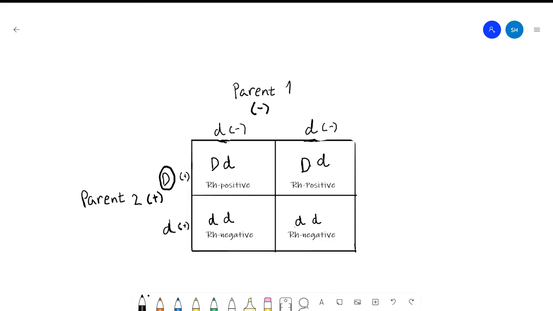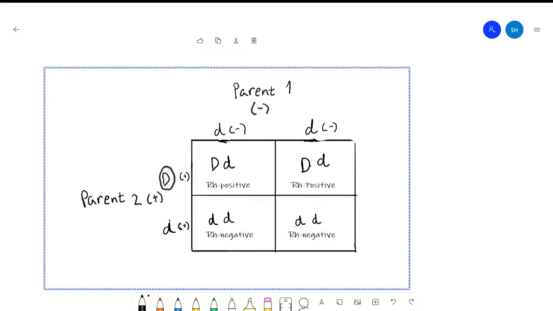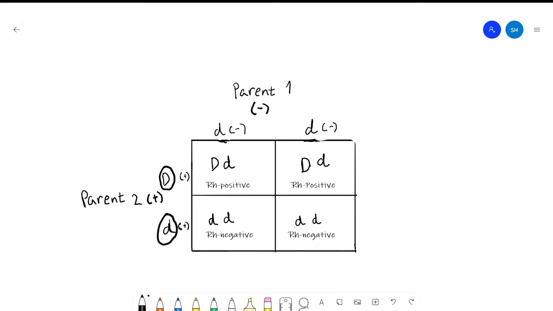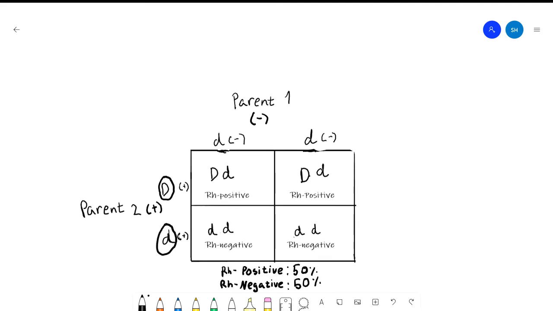Also, parent 2 carries a negative allele. So, an offspring of parent 1 and parent 2 has a 50-50 chance of having Rh positive or Rh negative. That was the fifth possibility.